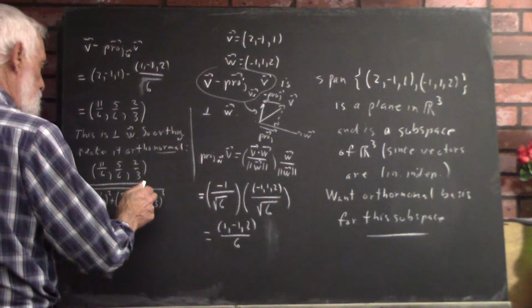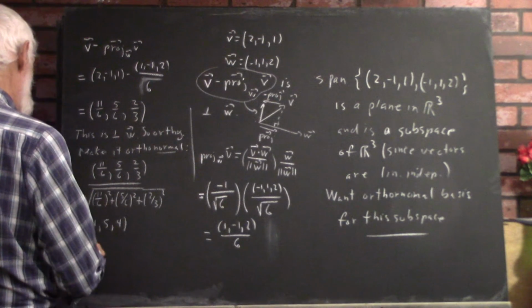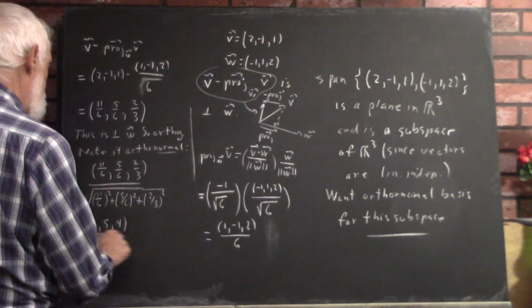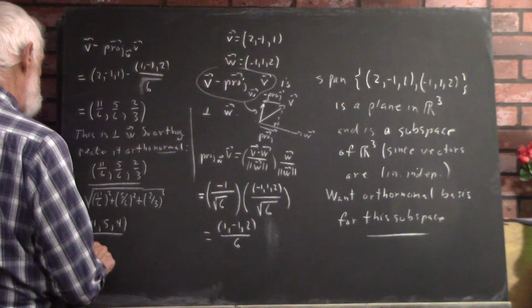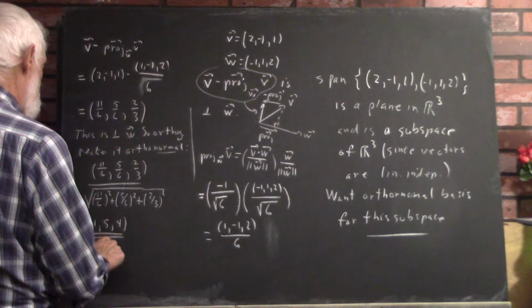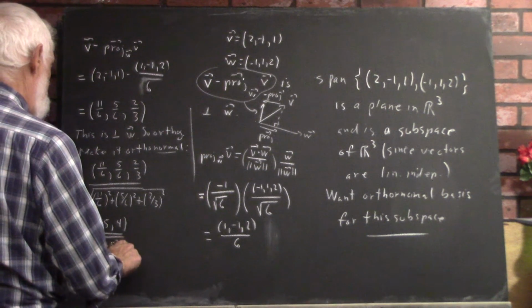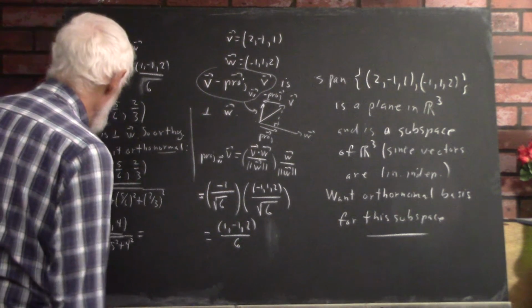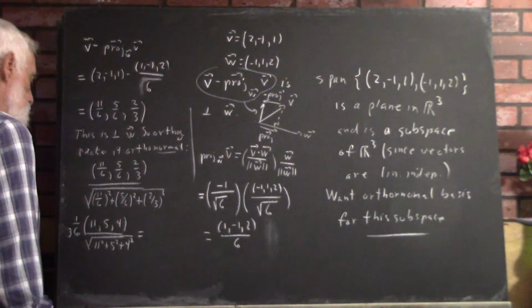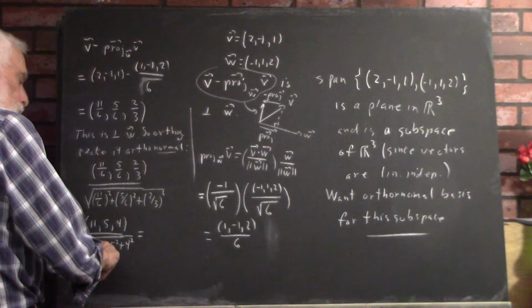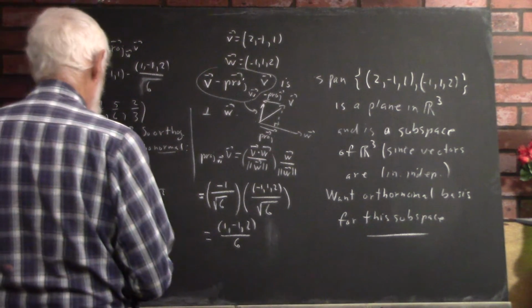I got to remember to make that a 4 over 6. And then that's going to be over 11 squared plus 5 squared plus 4 squared. Okay, that's 121, and 25 is 146, and 4 is 162.